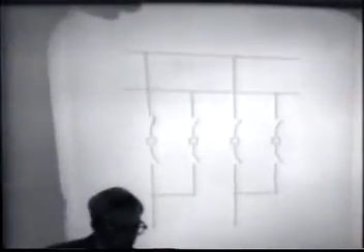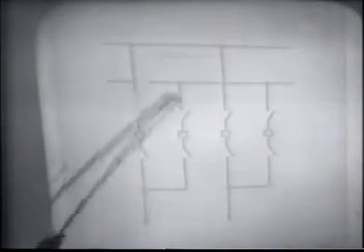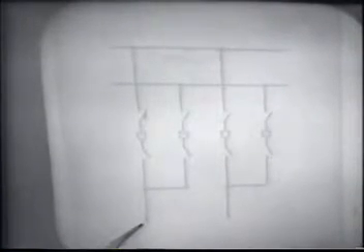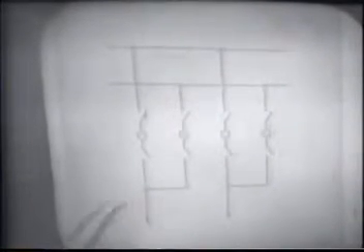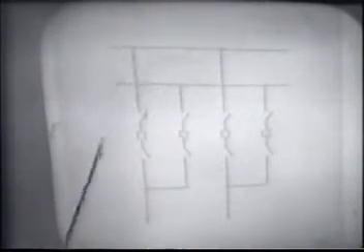The next one on sketch number 7 takes an additional step in adding components. This is the double breaker, double bus scheme. You have two buses, and any line or transformer is connected through individual circuit breakers to each of the buses.